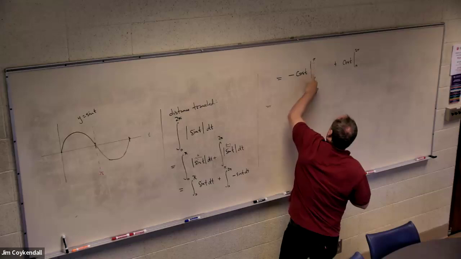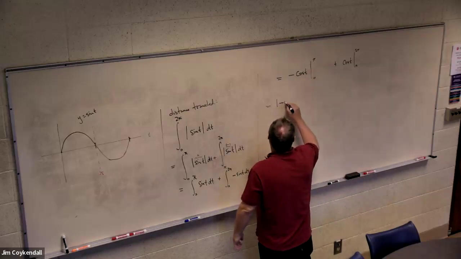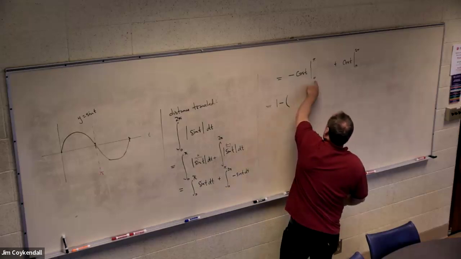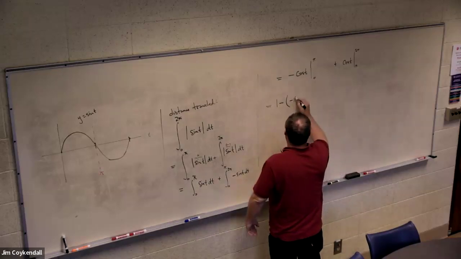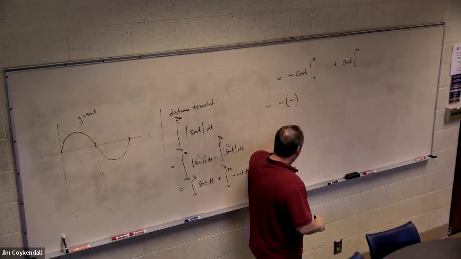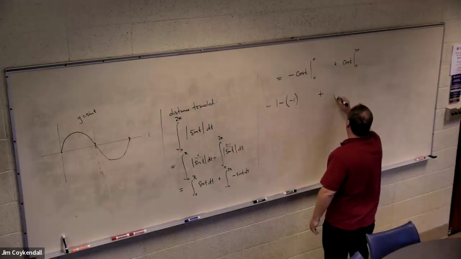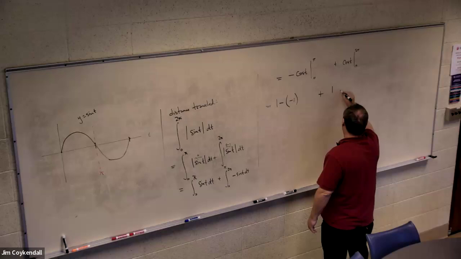See what happens with this first one. When I plug in pi to cosine, I get -1, so negative of negative 1, which is 1. And when I plug in 0 here, I get -1. That's going to be 1 minus negative 1, which is 2. That's positive. For the other one, I get 1, which is what cosine of 2 pi is, minus negative 1.